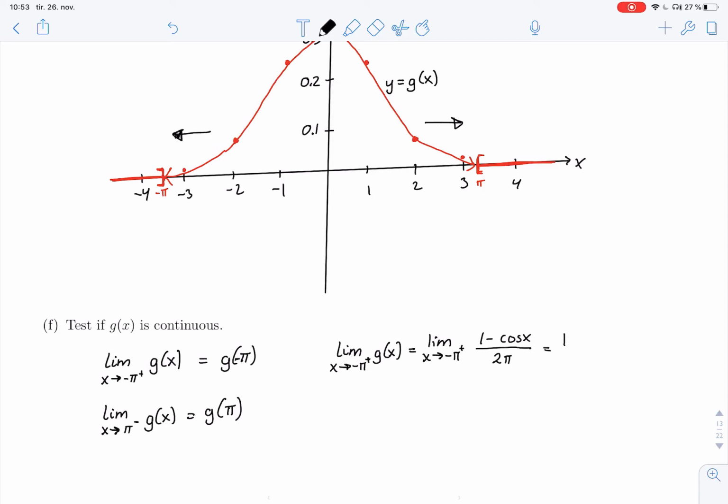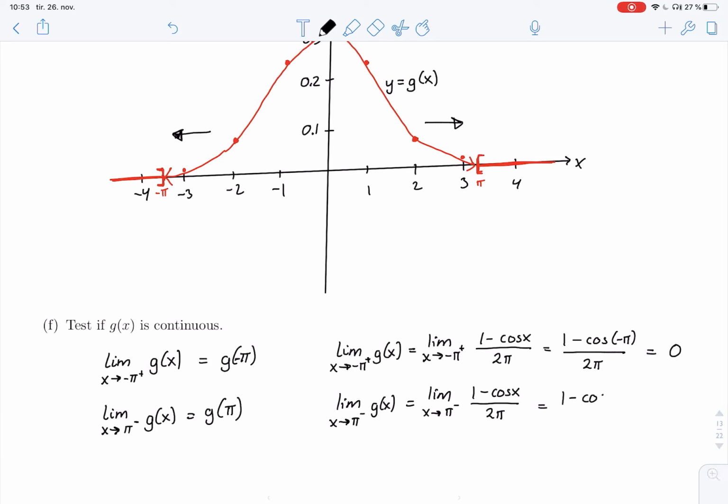And we insert minus pi. This one becomes 1. So we get 0. And the other side, lim x approaches pi from the lesser values, and we insert the part of g of x that works in that area.